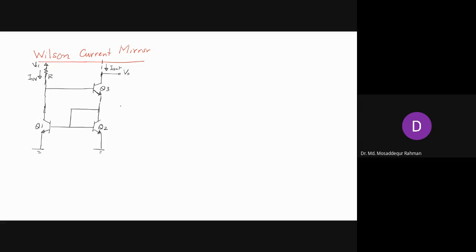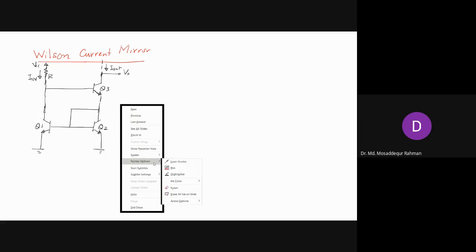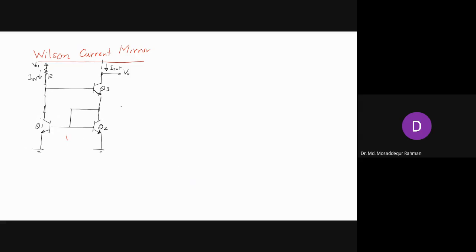In this case, this is your VBE, base to emitter voltage, so voltage here is also VBE. And then you have another VBE here, so voltage at this end is 2 VBE.